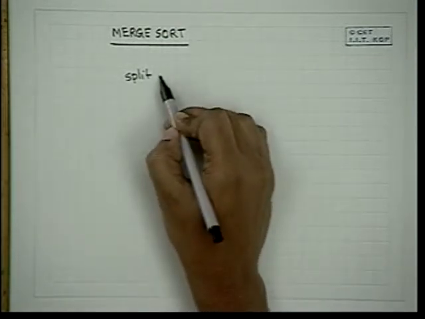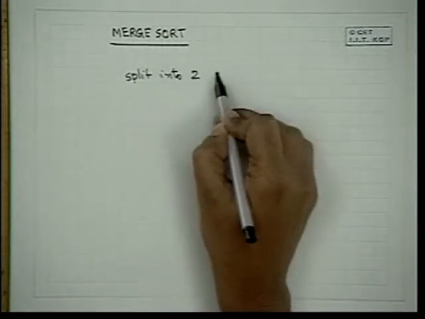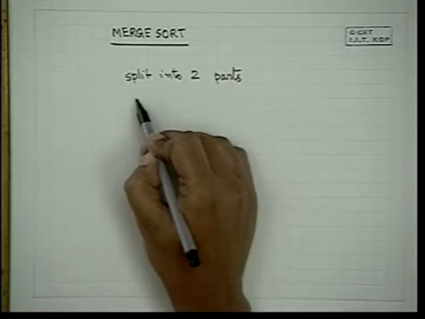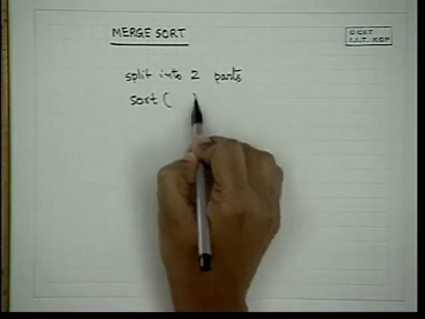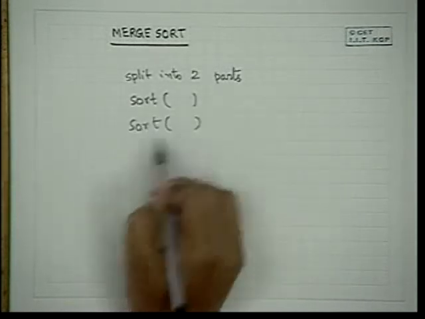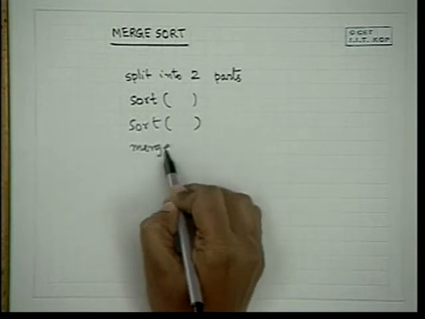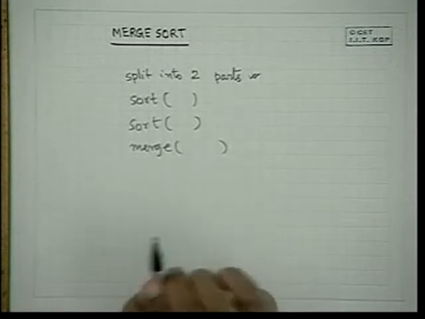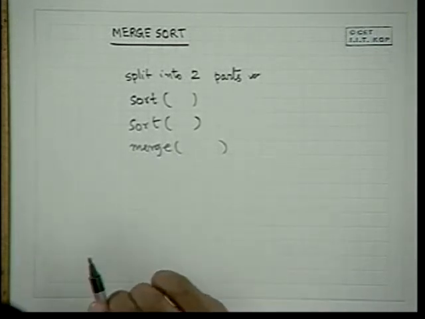So split into two parts, and then sort individually, and then merge the two sorted lists. And we did not decide on where to split, right? We said we will decide later on. Now is the time we will see if we split in different ways, what we will get.